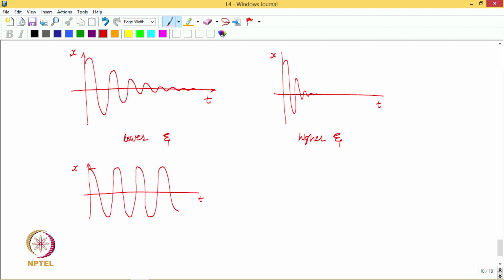There is no decay here, but in this case you can see the amplitude is decaying with time, and this is an exponential decay. This envelope of amplitudes is an exponential curve. Here also, that is an exponential decay.